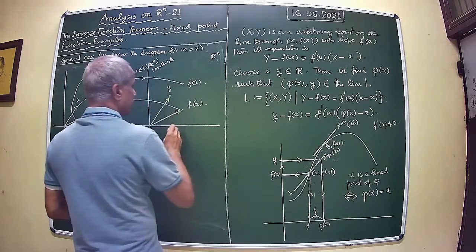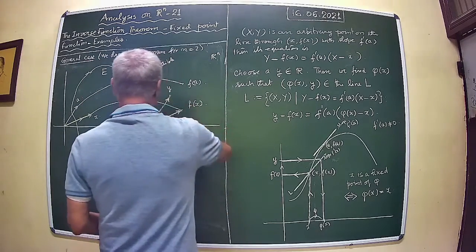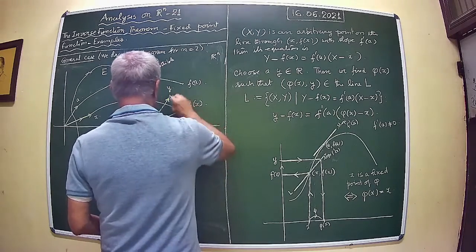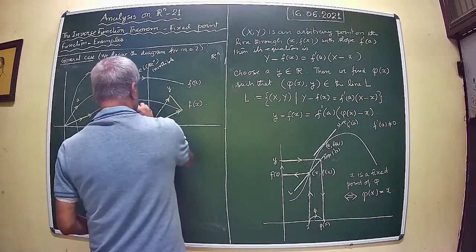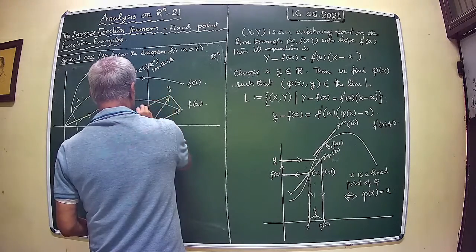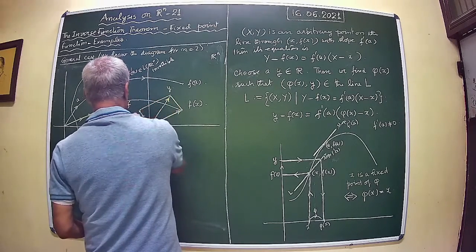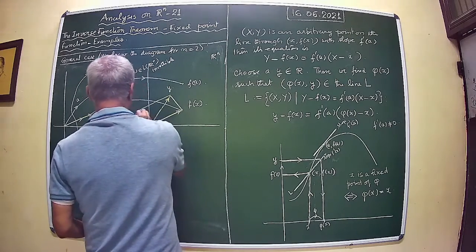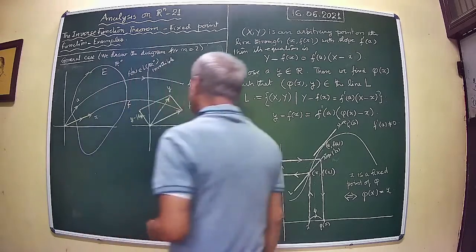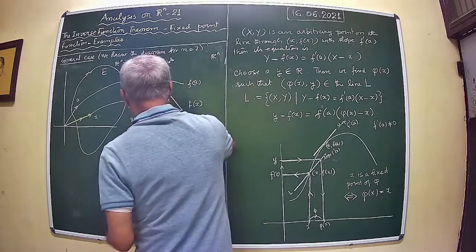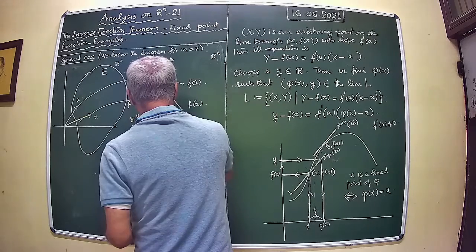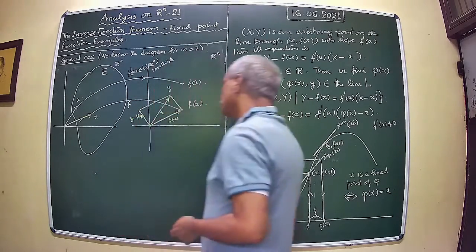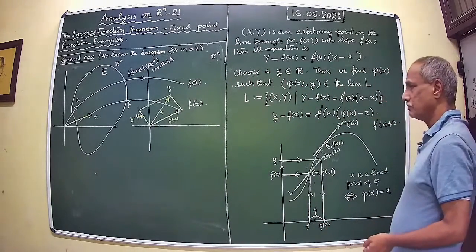You have to consider this as the diagonal of a parallelogram. This is y minus fx, so that this is your y, this is fx. So fx plus y minus fx is equal to y. That's the vector.